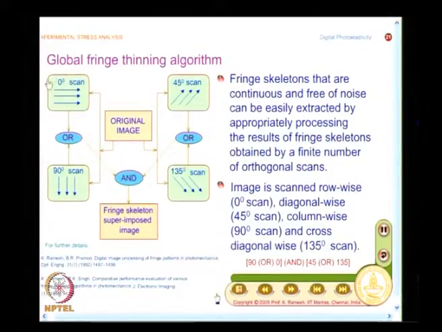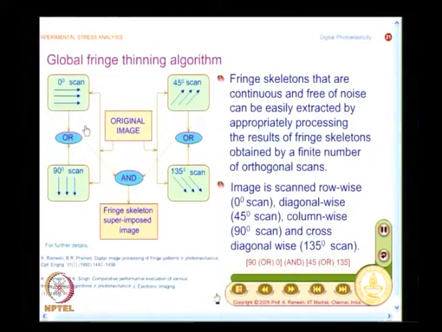I have a 0 degree scan and 90 degree scan, and what we found was when you do a 0 degree scan, it identifies fringe areas as well as gives you noise. And if you look at 90 degree scan, it identifies some fringe skeletons and also noise, but when I do an OR operation, I get complete fringe skeleton, but with some noise.